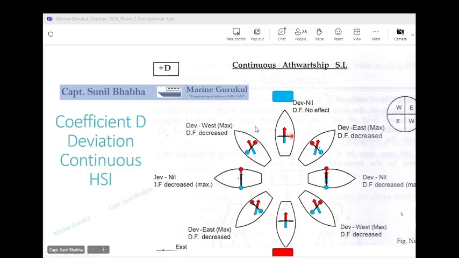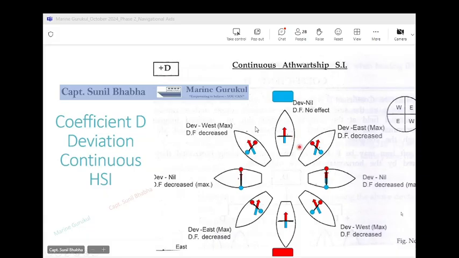Since it is perpendicular, there is no induction or almost zero induction on the beam. If there is no induction, no poles are generated, and if there are no poles, no deviation is generated. So the deviation generated on northerly heading is 0.